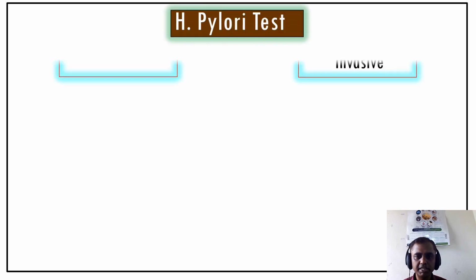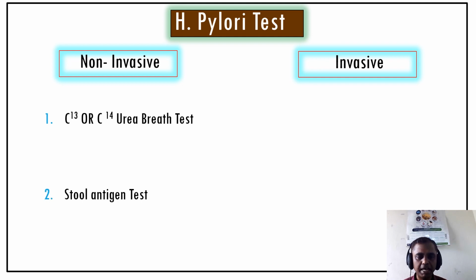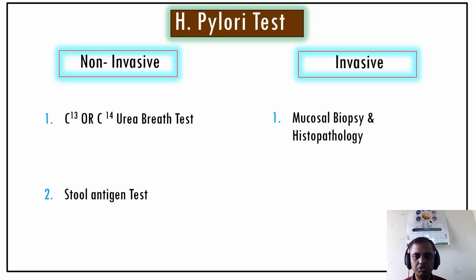The H. pylori test, as we discussed, is divided into invasive and non-invasive. Non-invasive has 2: number 1 is the C13 or C14 urea breath test, and the stool antigen test, which is a serological test commonly used for detection of H. pylori. The invasive test is identification through mucosal biopsy and histopathology, where we can identify the 4 layers we have discussed.